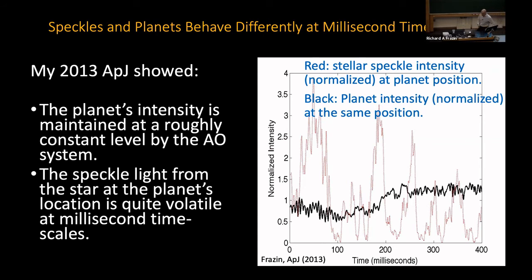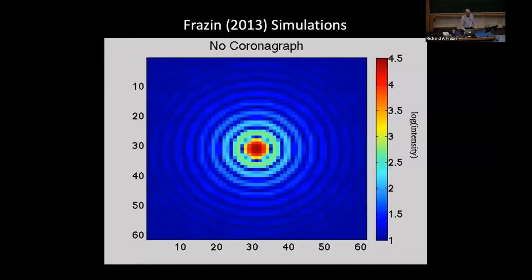Let me get into what's happening here. These are from the same simulations in my paper. What we see here is adaptive optics, but there's no coronagraph here.